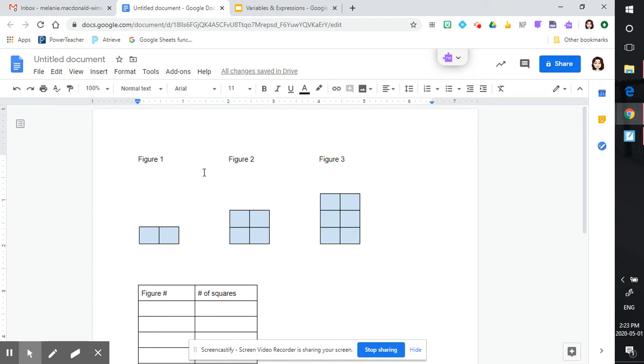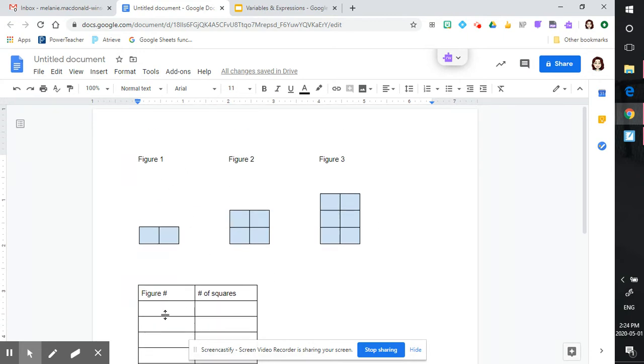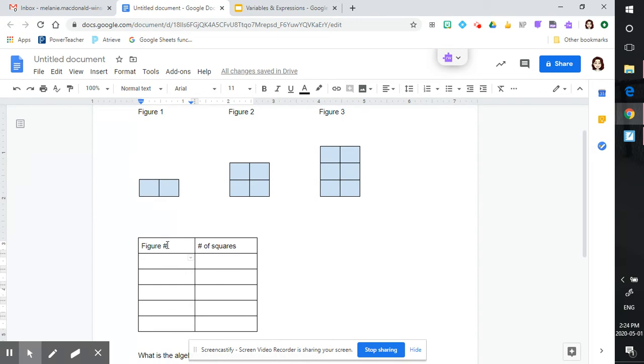So when you're given a picture like this, I am often going to ask you to fill in a table. So I'm going to demonstrate how you would fill in that table. So I've got a table of figure numbers, so figure 1, 2, 3, versus the number of squares. So figure 1 has 1, 2 squares. Figure 2 has 1, 2, 3, 4 squares.